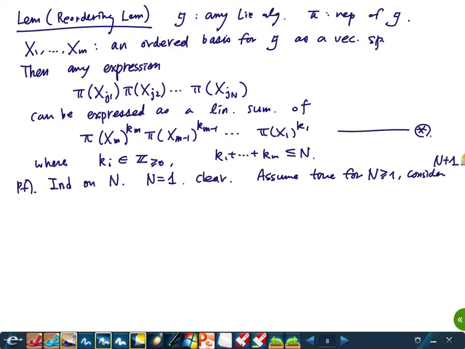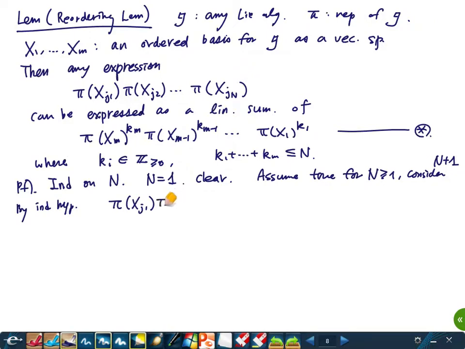And we assume that everything less than n plus 1 is true. So by induction hypothesis, basically now we have one more term.